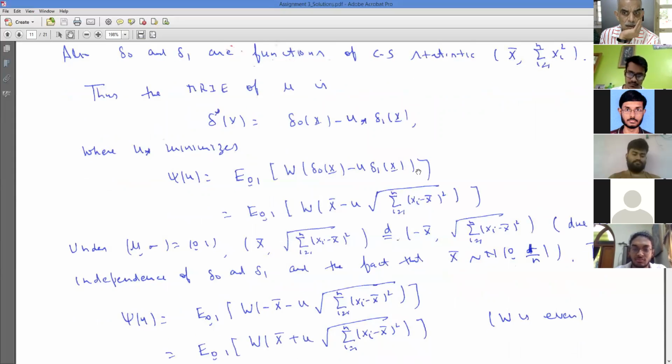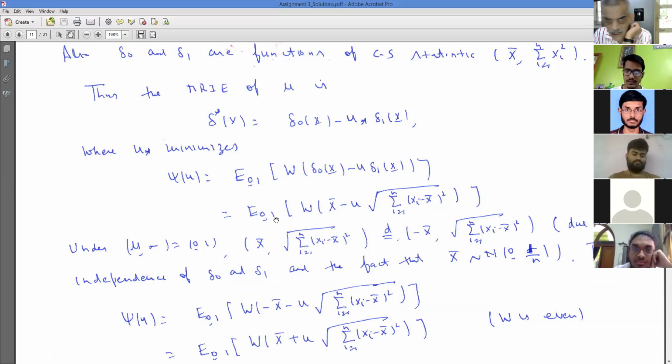So psi of u is the same as this, which is x bar minus u times this thing. Now I know that the distribution of x bar and summation xi minus x bar are independent. Yes. And under mu equal to 0 and sigma equal to 1, x bar has the same distribution as minus x bar.